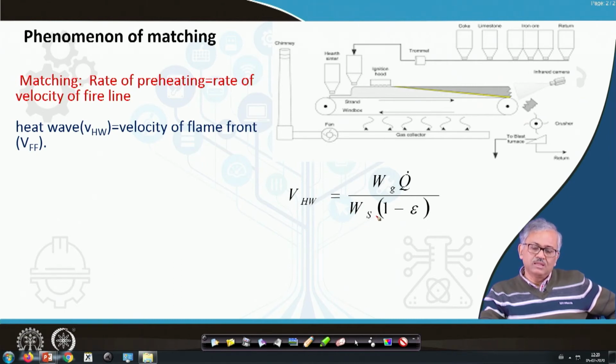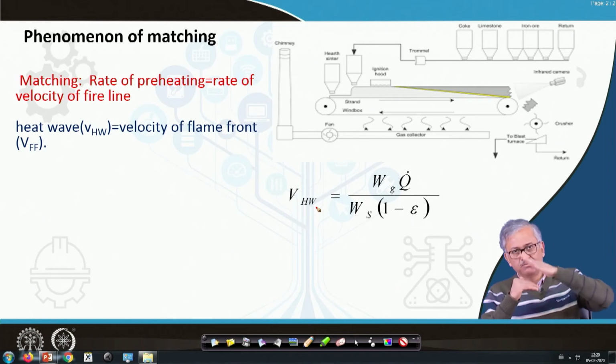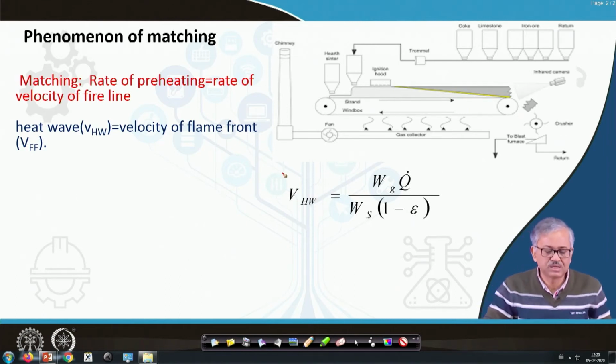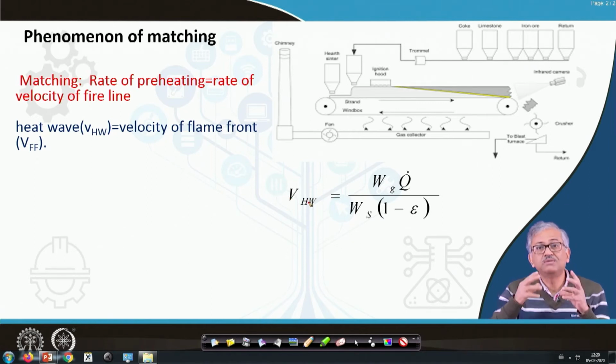So this denominator is the kilocalorie per unit volume of the bed, and VWH is the velocity of the preheating front. If you multiply it by the unit area of the bed, this is the volume that is getting preheated.